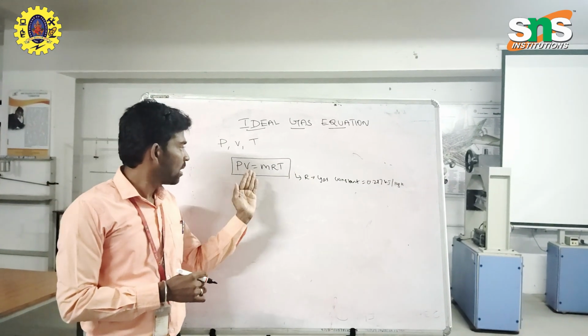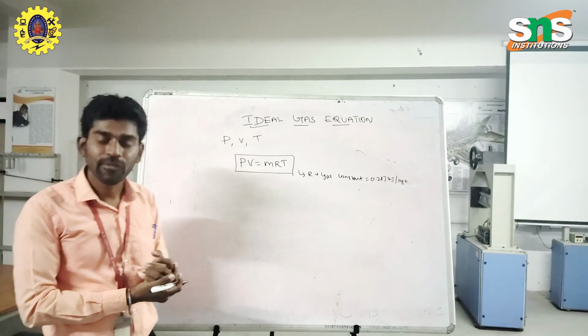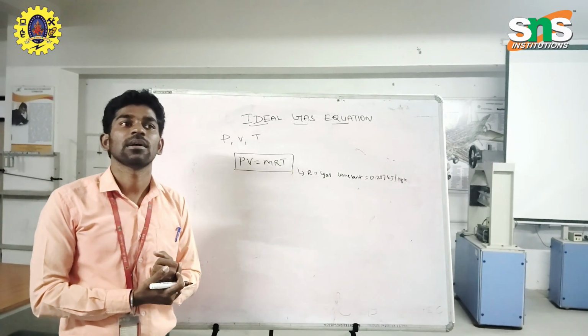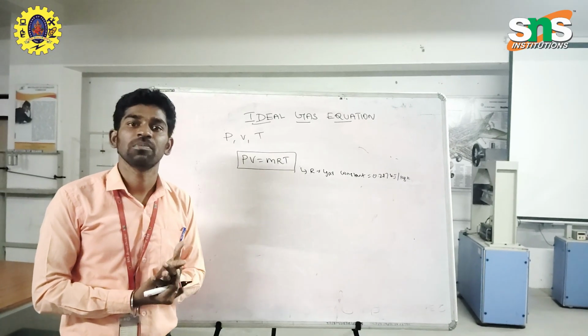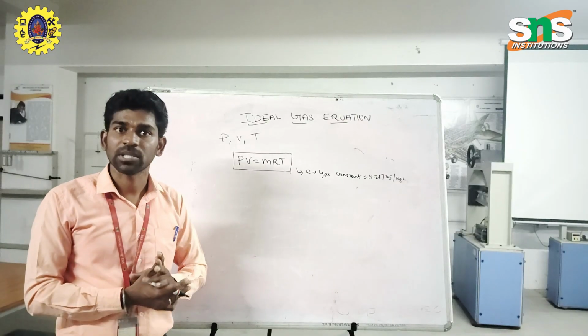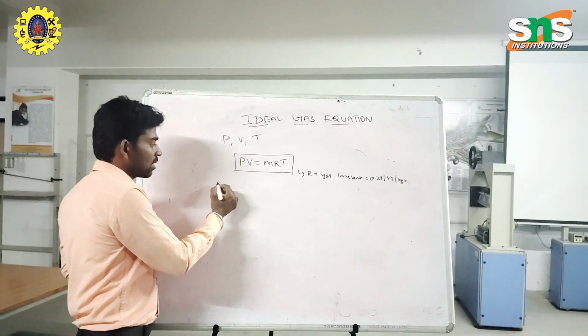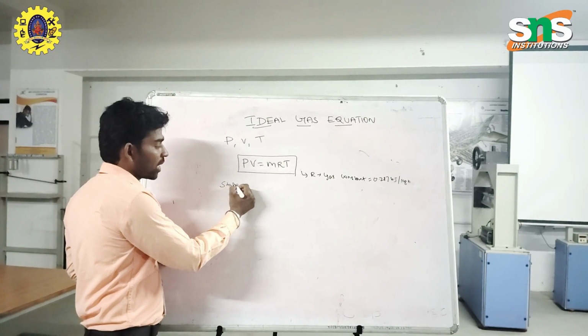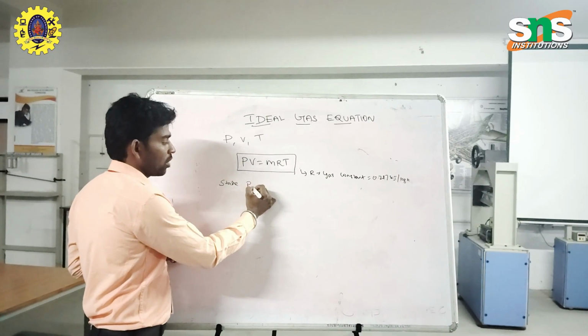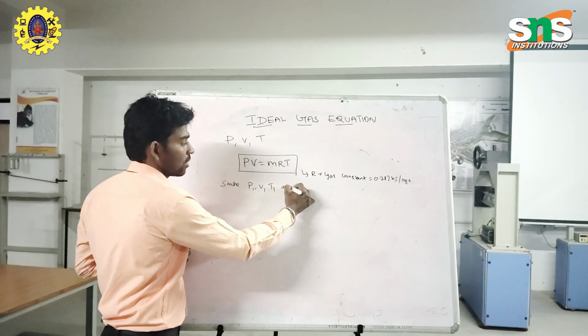So, if we consider any type of fluid flow or pressure flow or air flow, we have to find the exit or initial pressure and temperature. If we consider state 1, all the parameters are given: P1, V1 and T1.